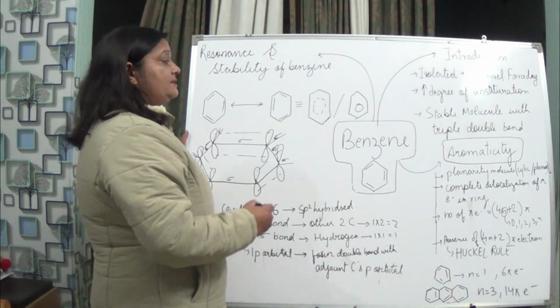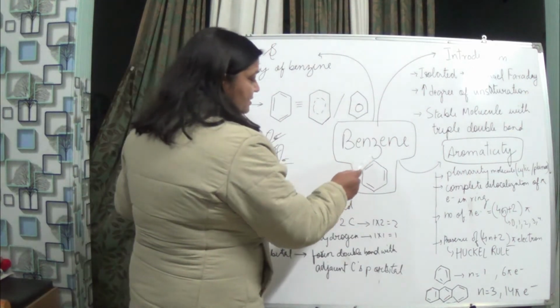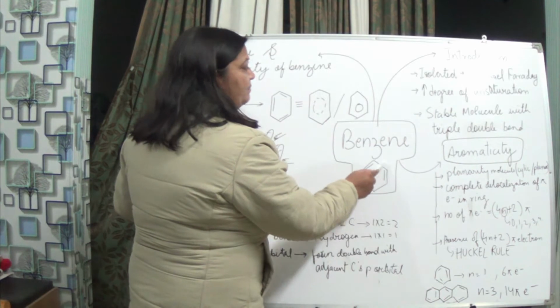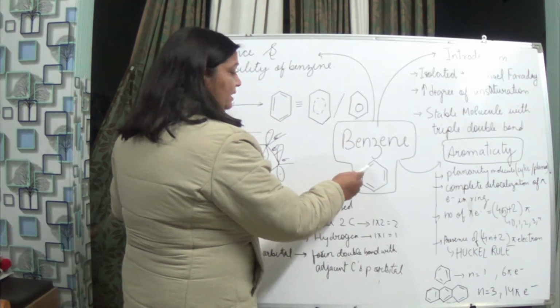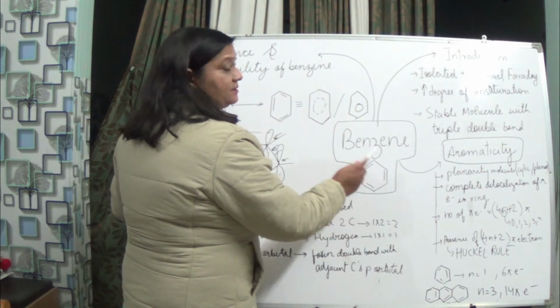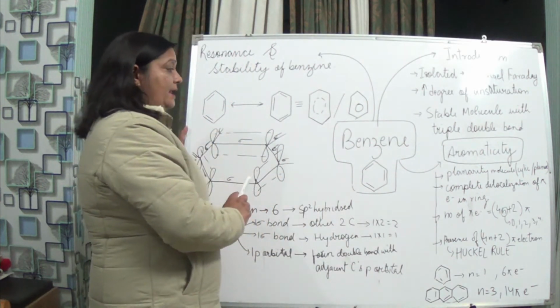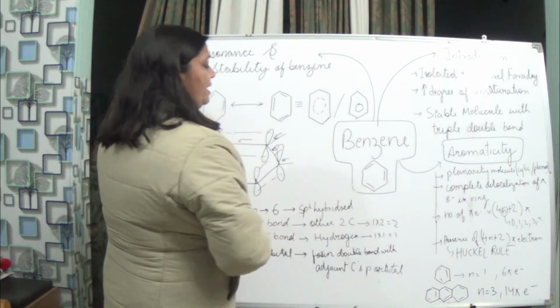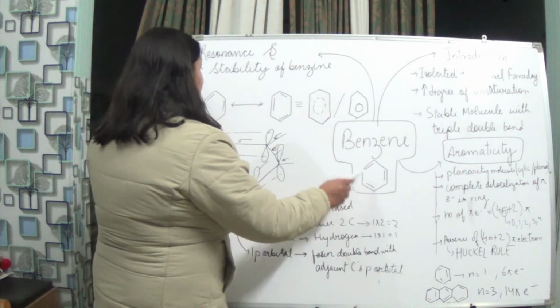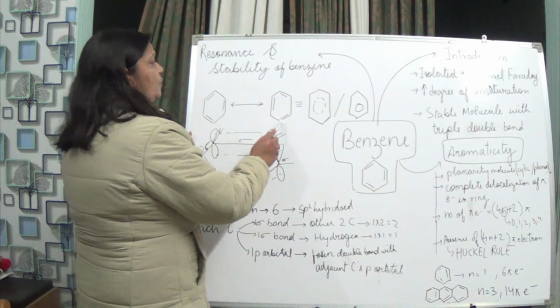Yet when we see the structure of benzene, this is a totally stable molecule having 3 double bonds.